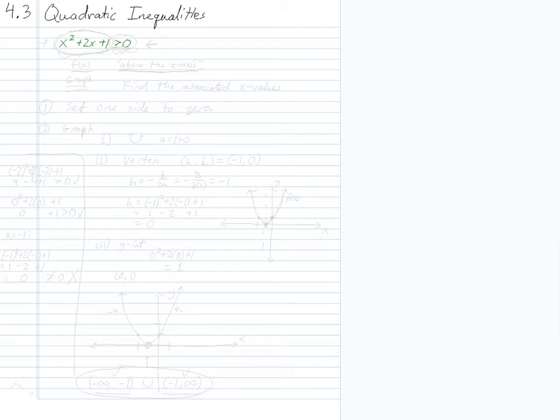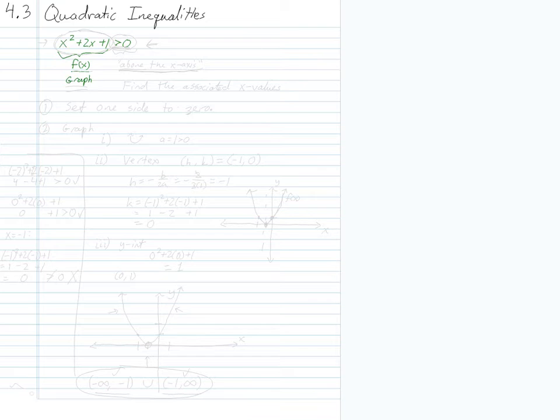We'll look at the graphical approach first. The idea behind the graphical approach, which is described on page 57 of the notes, is to think of the left-hand side, or the non-zero side, as a function. So we can think of this as f of x, and we could interpret f of x as a graph.